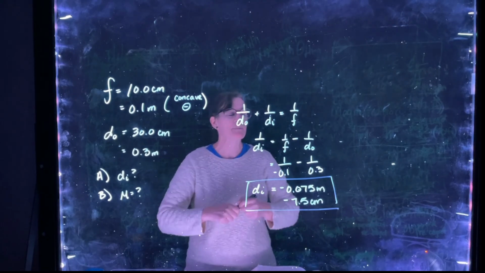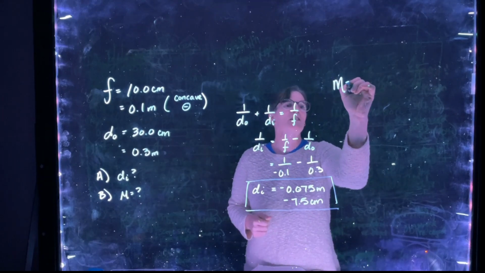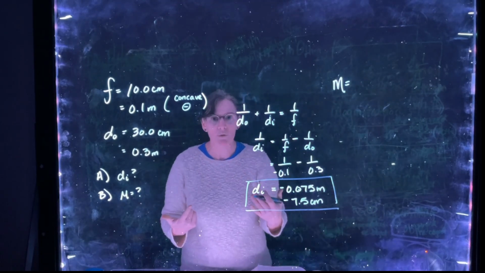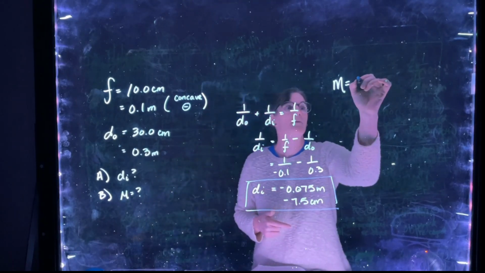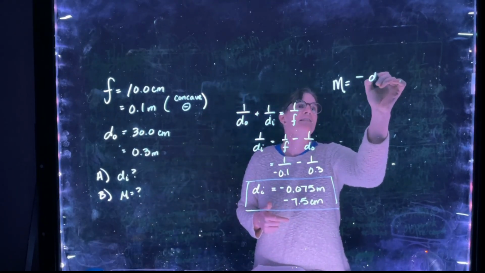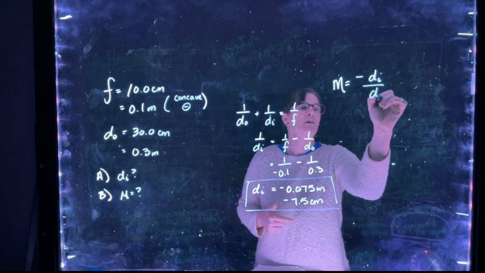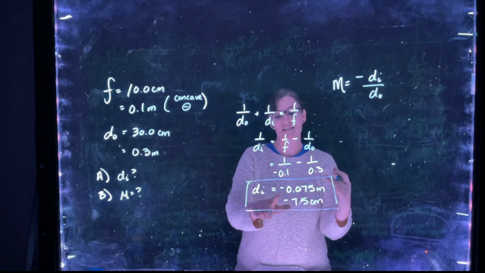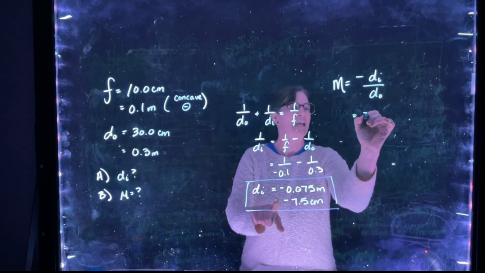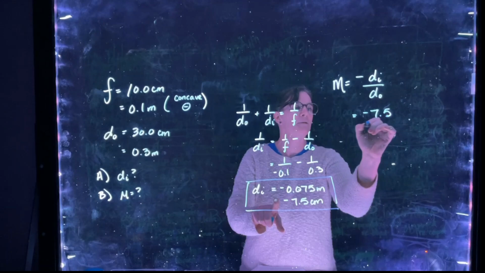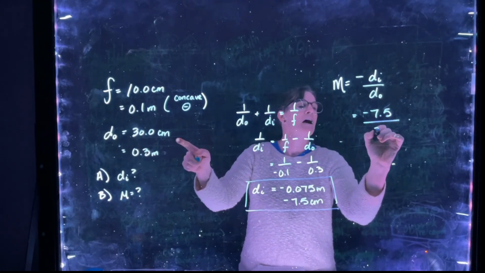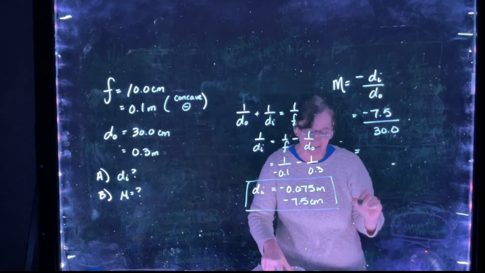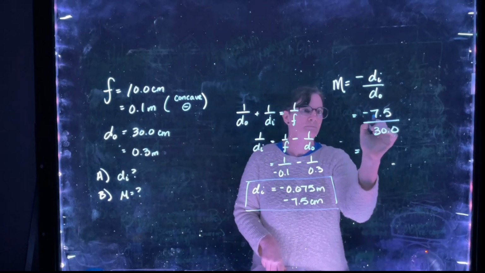Part B is the magnification. The magnification is the ratio of the heights of the image to the object, but it is also the ratio of the distances. So remember, it's minus the ratio of the image distance over the object distance. So we can use the image distance that we determined, negative 7.5 centimeters, and our object distance of 30 centimeters.